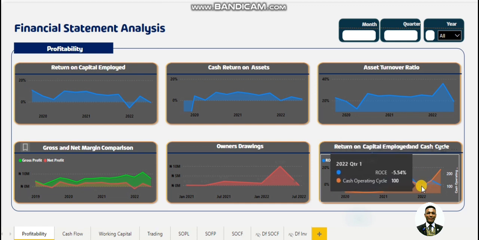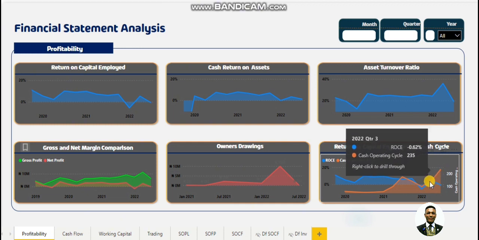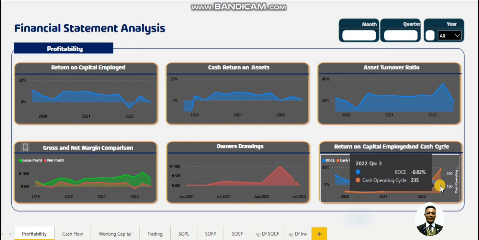But then when the days of cash operating cycle started shooting up again, what do we see? We see the business starts to experience a decline in its return on capital employed, clearly showing the fact of what has been said about the relationship between cash operating cycle and the profitability of business.